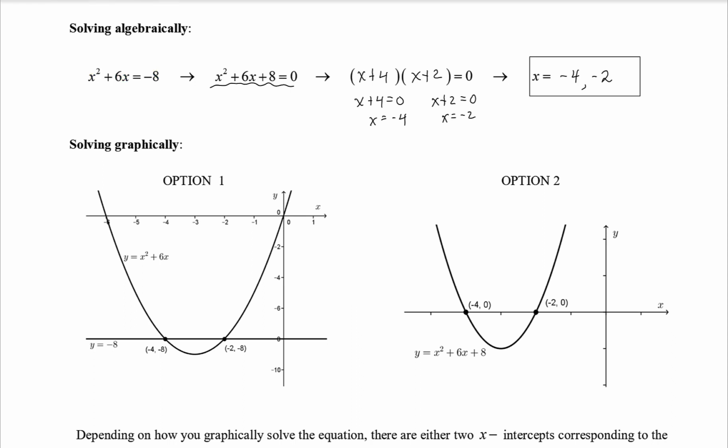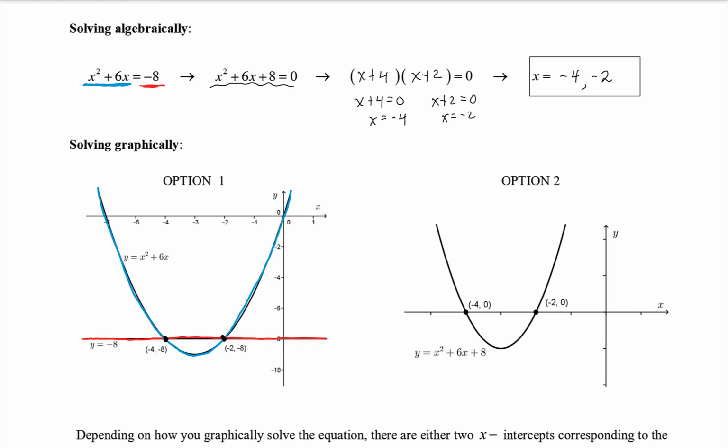I could have graphed this function, and then I could have graphed this function, y equals -8, which is right here. Then I want those to equal each other. In other words, I want to know for what x value they will have the same output. So for what x will this equal -8? It turns out it does it twice, right here and right here.